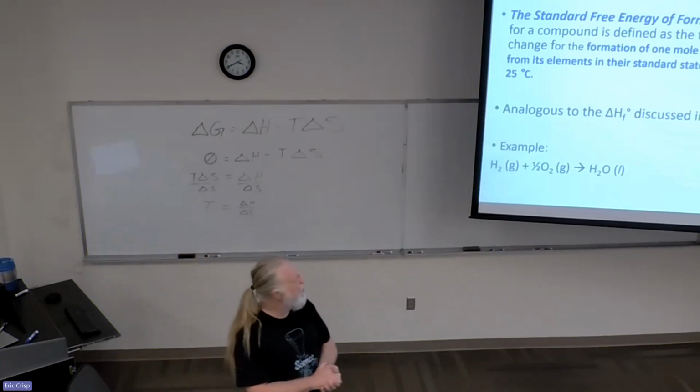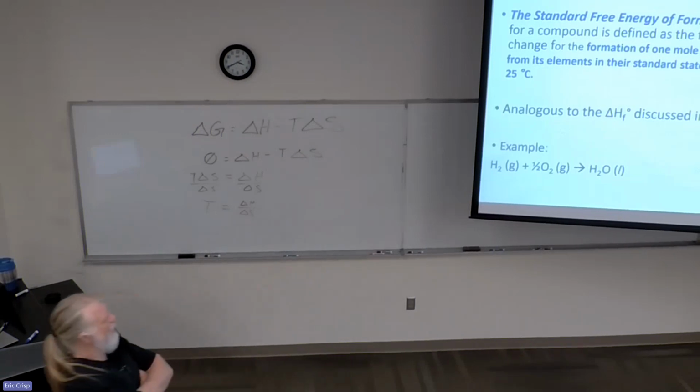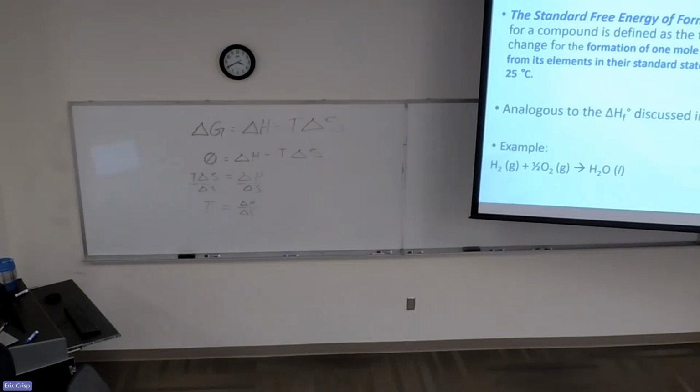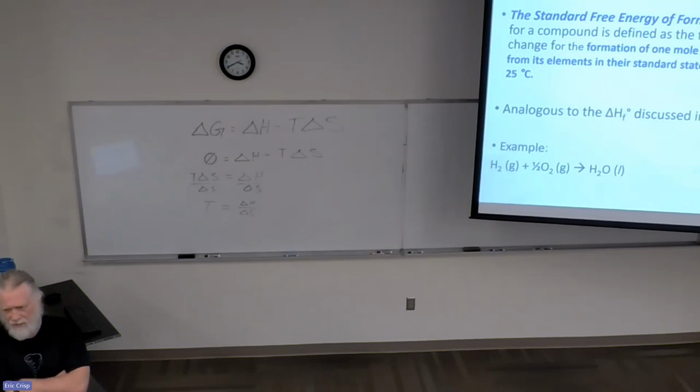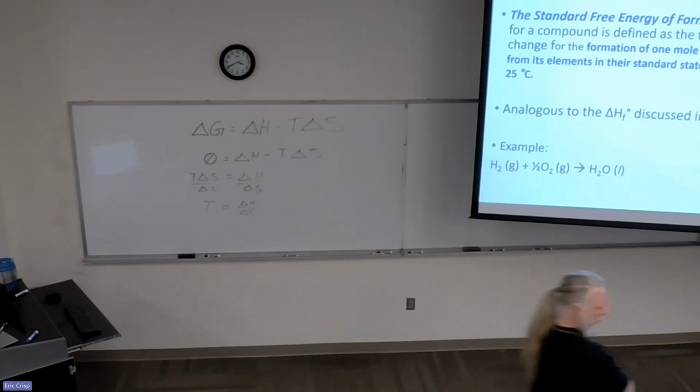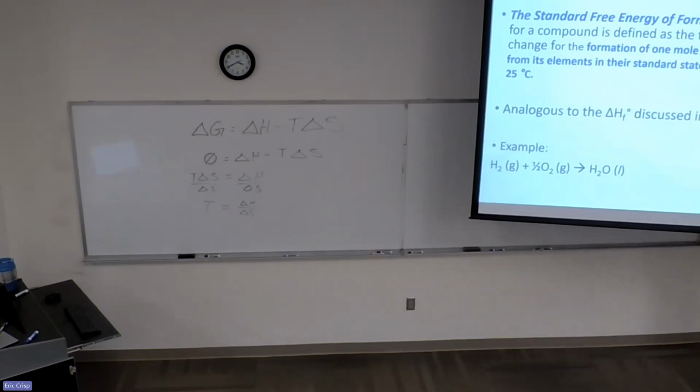Well, okay, so let's do a reaction then. Remember I had used the hydrogen gas example early on, talking about it being spontaneous. Well, let's see if we get a negative delta G out of this thing. How do we calculate delta G from a table? Given a table, how would I calculate my delta G for the reaction?